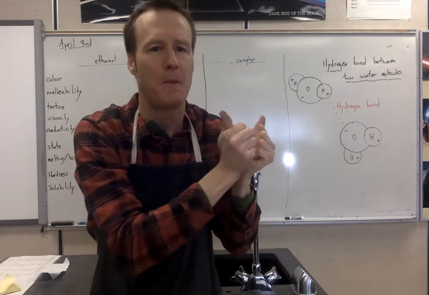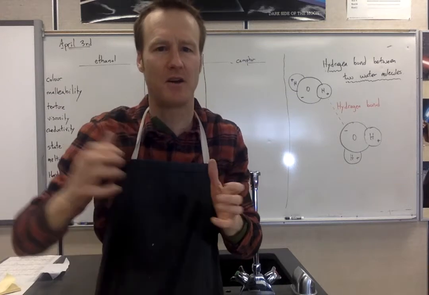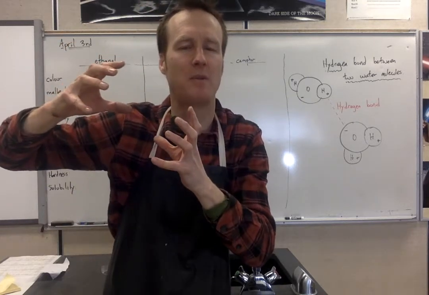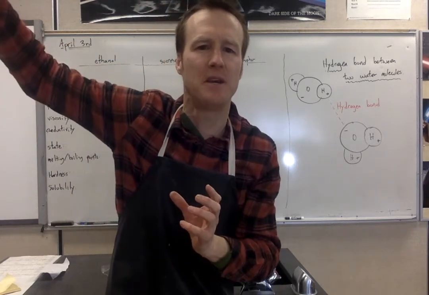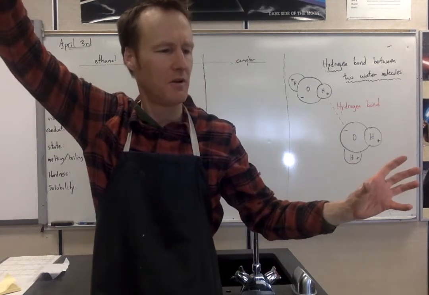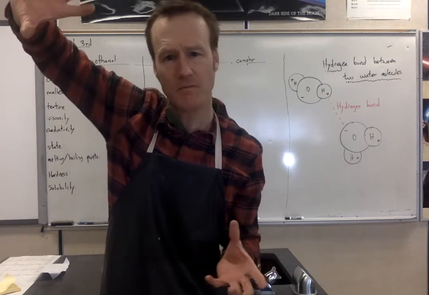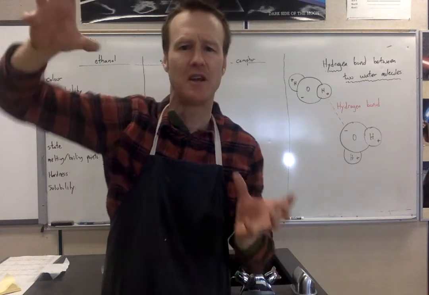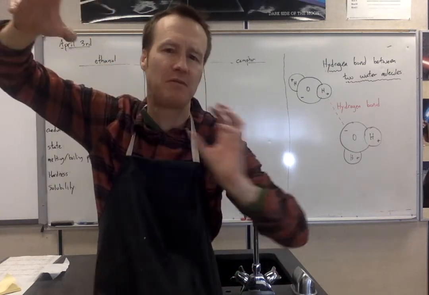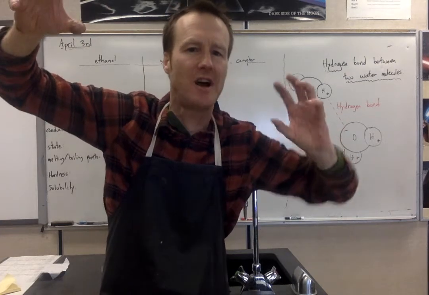But the bigger thing you need to know is that with that hydrogen being a little bit positive, and with that oxygen end being a bit negative, if two water molecules are close to each other, they will orient themselves so that the oxygen is a little bit closer to the hydrogen end.